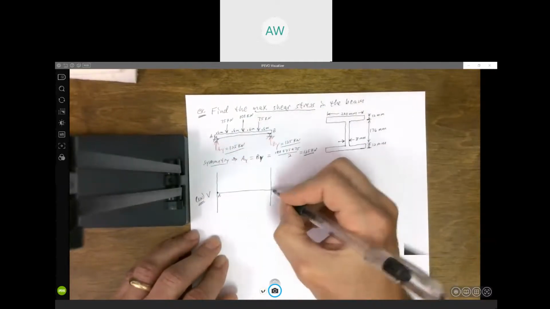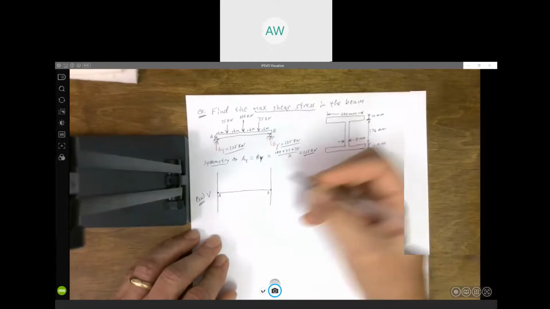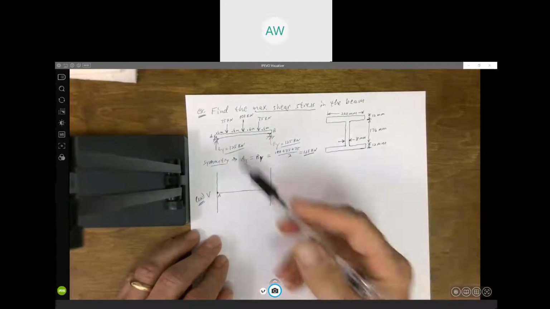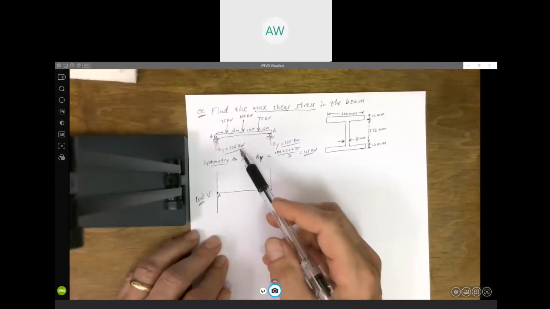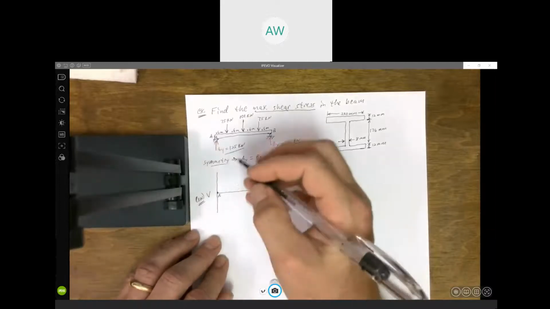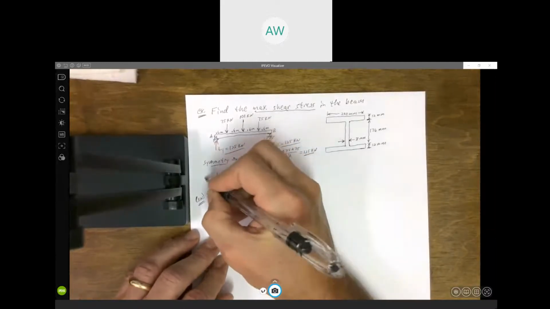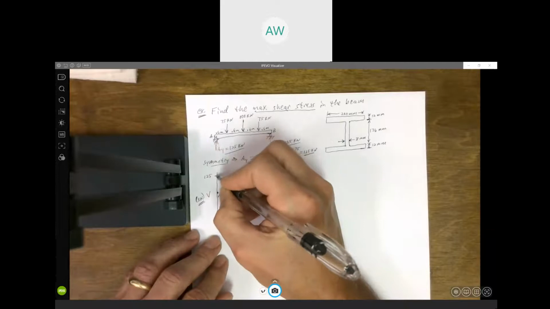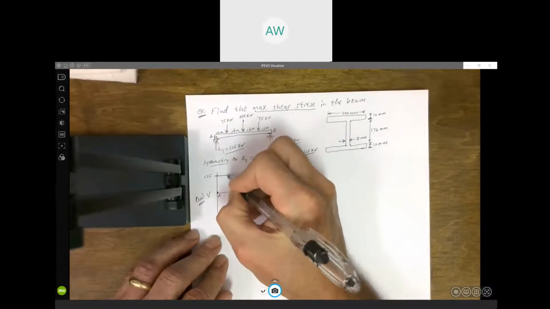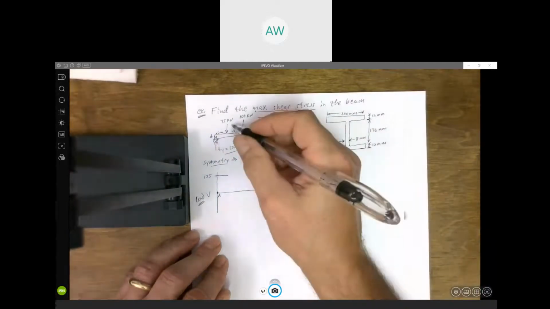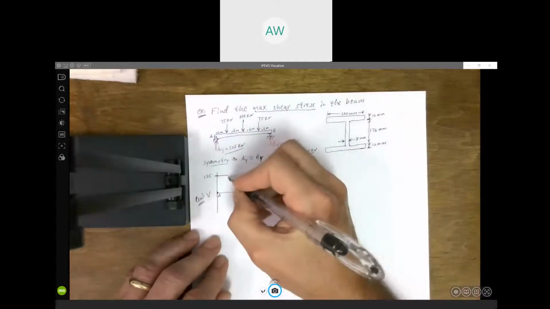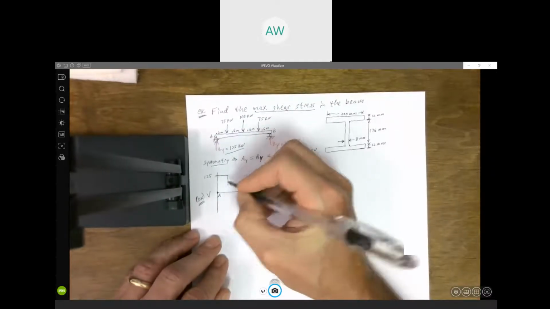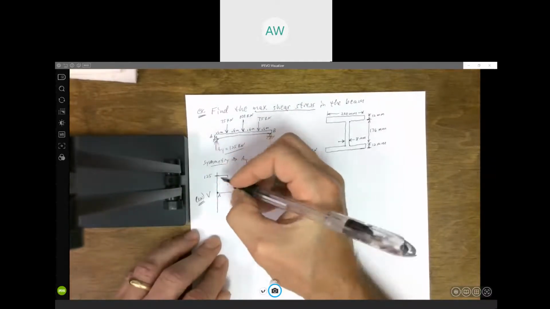This is A, this is B. I know the shear force at the end is going to be equal to that support reaction. So it's going to start out at 125, go straight across until that load changes, and then we go down whatever that force is. If we go down 75, that puts me at 50.